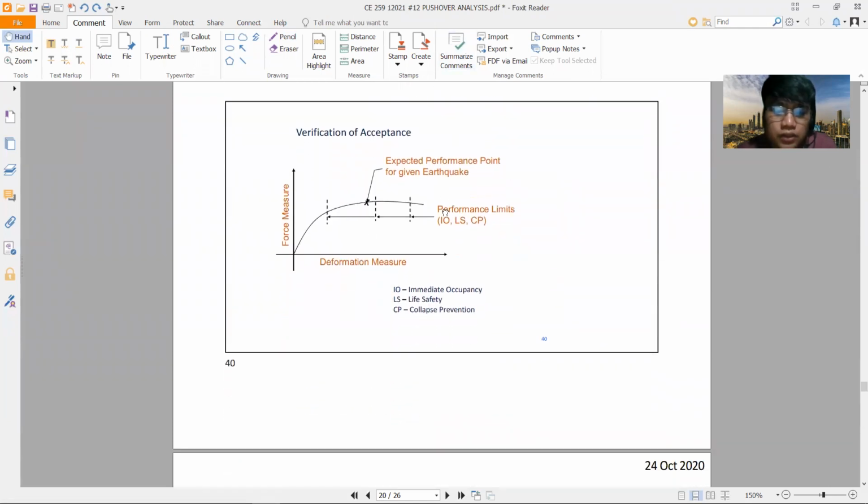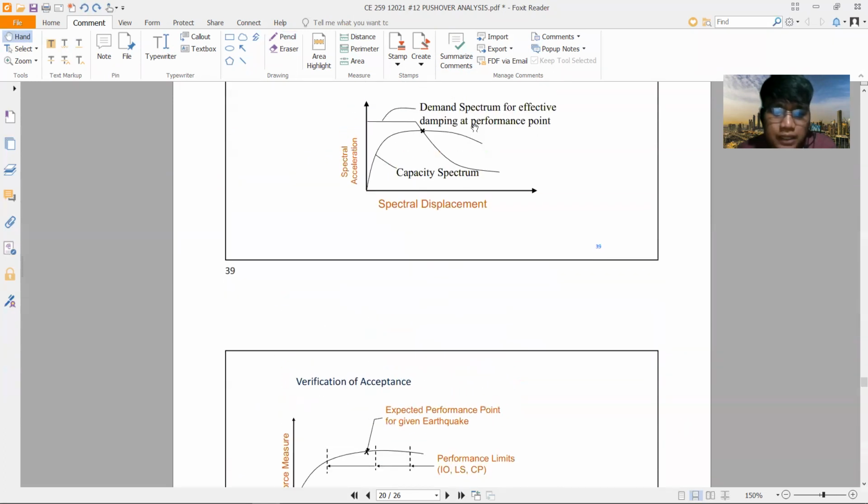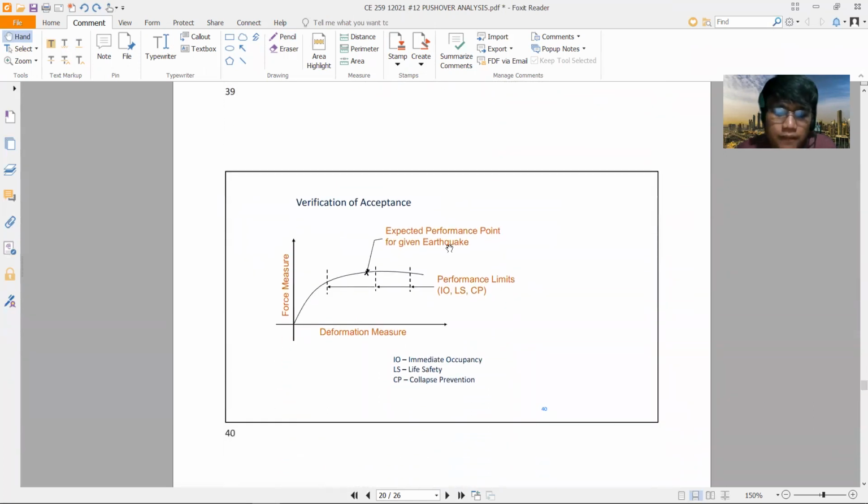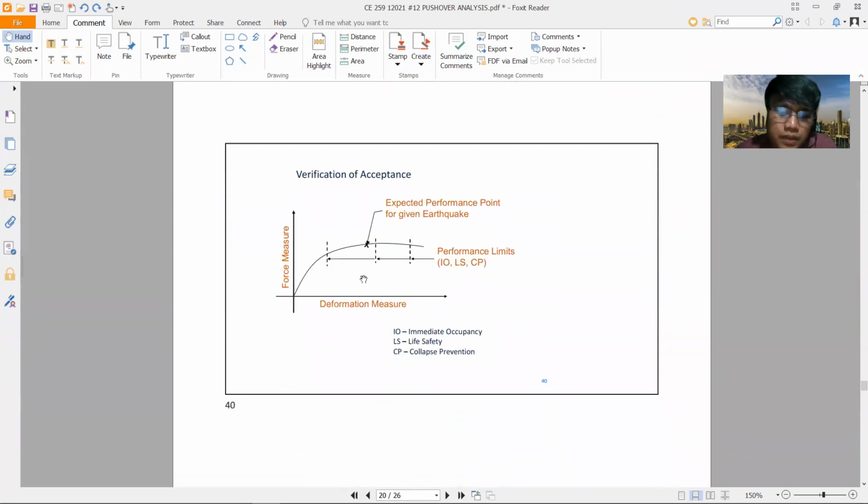Okay, so to determine then yung verification of the acceptance, ang ginagawa nila, okay? So, yung deformation measure versus the force measure graph. Okay, yung plot dito within this range is yung performance limit.